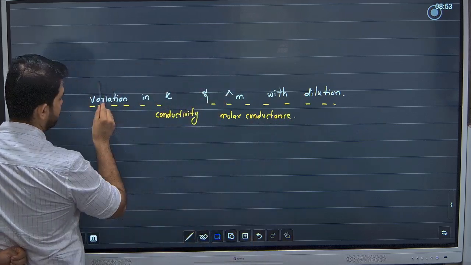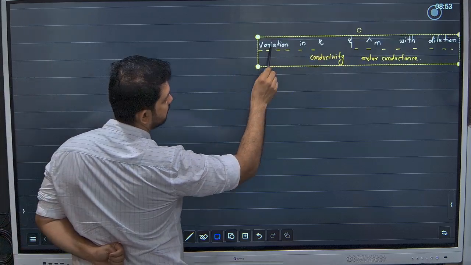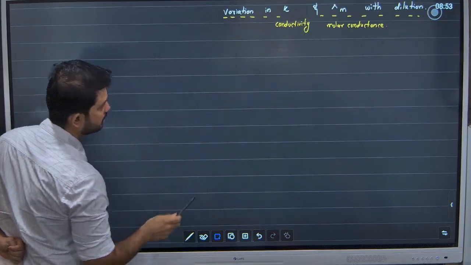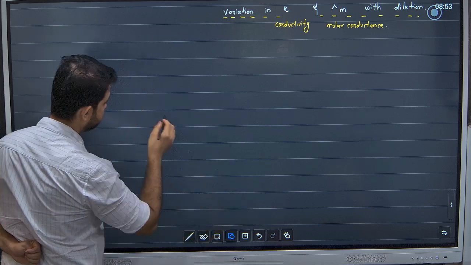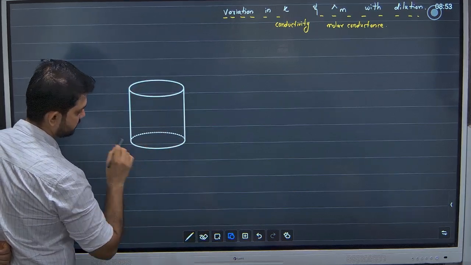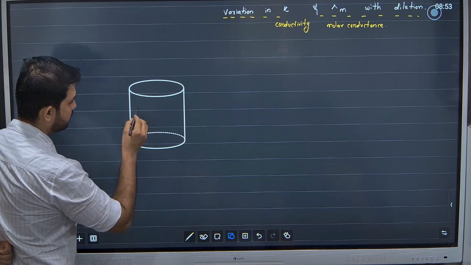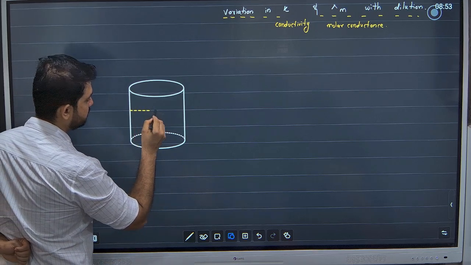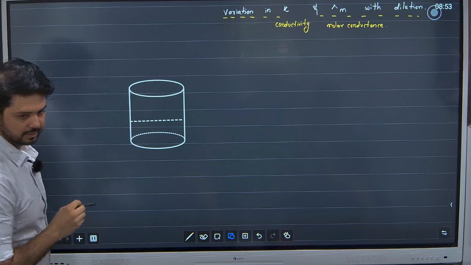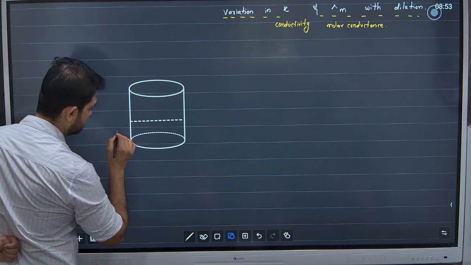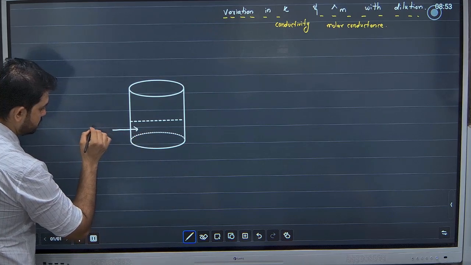Okay, now let's say, people, I have a beaker in which I have some volume of solution. ठीक है, and इसमें let's say this is a solution of NaCl.